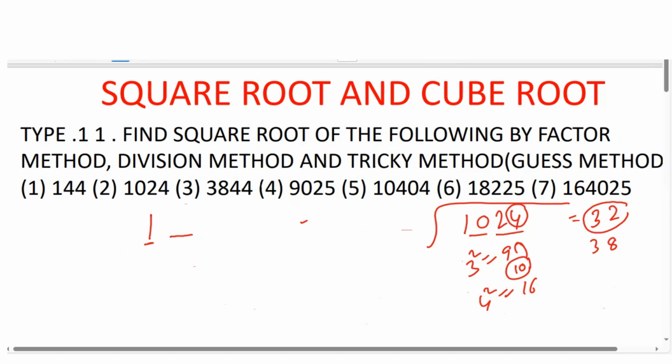Let us see. I am solving the third question also. The third question is 3844. We want the square root of this number by the guess method. What is the guess method? Here the unit is 4, so my number ends in either 2 or 8.